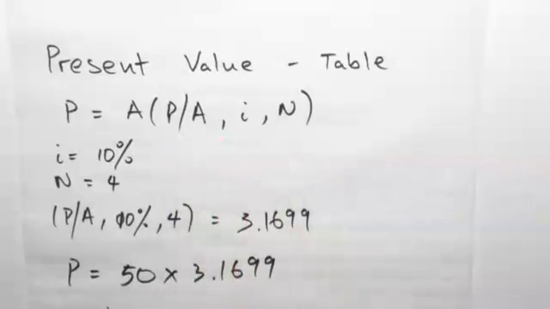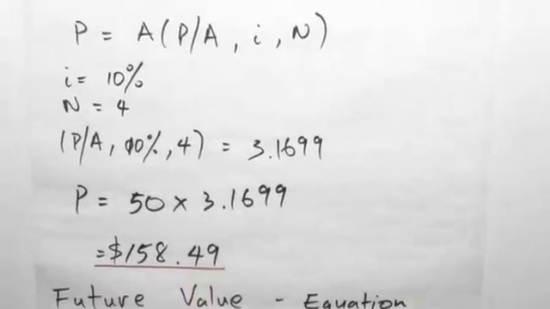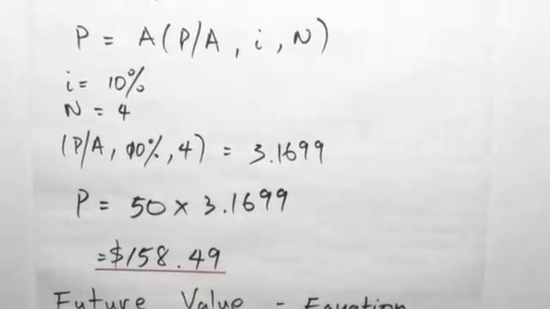Here we know that i is 10%, we know n is 4. If we look through the table, we can work out that this factor is 3.1699. We simply multiply our annuity amount 50 by 3.1699, and we will find that the present value will be exactly the same as using the equation.